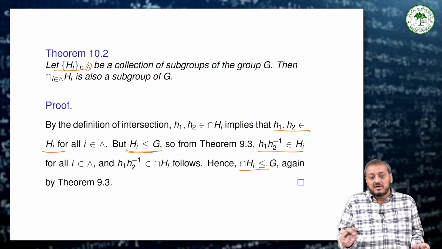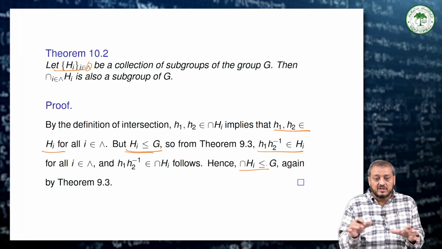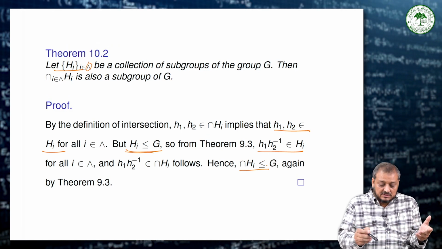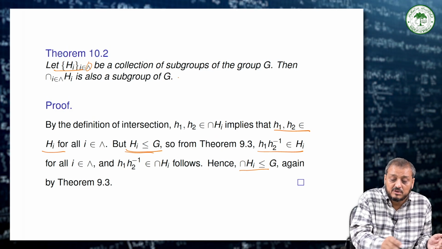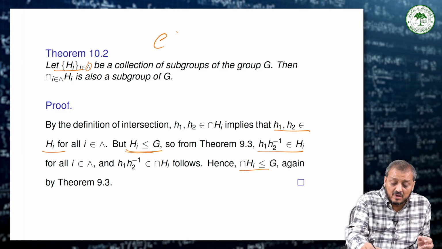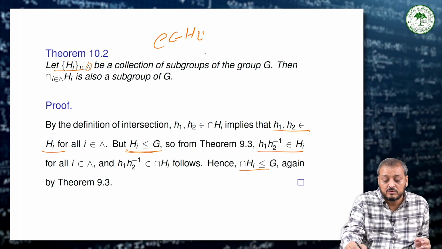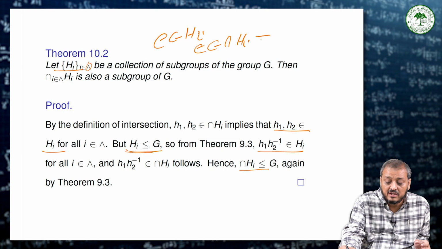So again, by the theorem, the intersection of the Hi is clearly non-empty, because all the Hi are subgroups. So at least the identity element belongs to all of the Hi, and if the identity element belongs to each Hi, then it belongs to the intersection of the Hi.